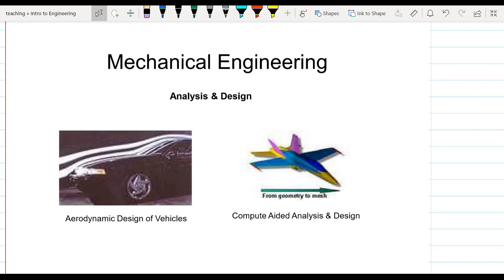So when you get the cars of today, they are always made to avoid air friction, and therefore there is some aerodynamic design of vehicles that is always considered, and that is normally the work of engineers.